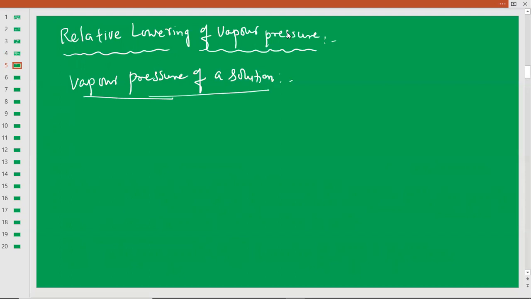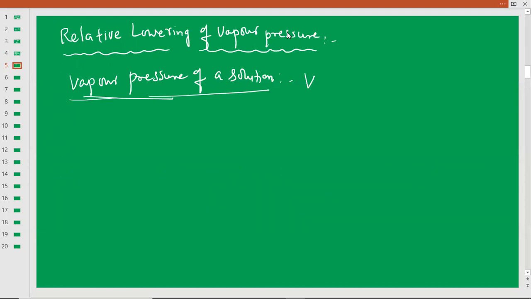It is the most important thing here. It is not our intention to define what vapor pressure is. We would like to discuss how the presence of a non-volatile solute in the solution brings about a change in the vapor pressure of the solvent.